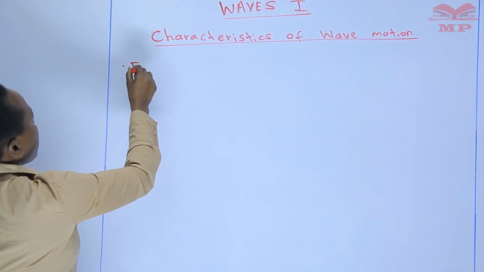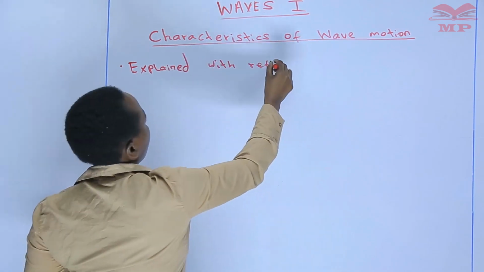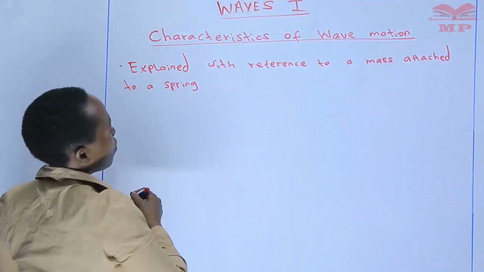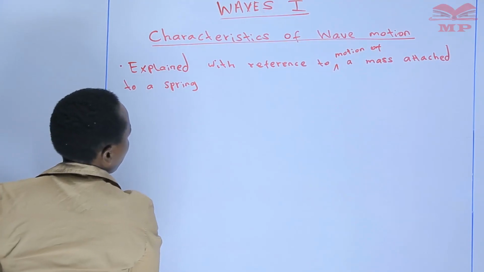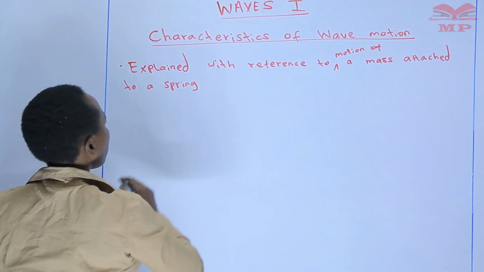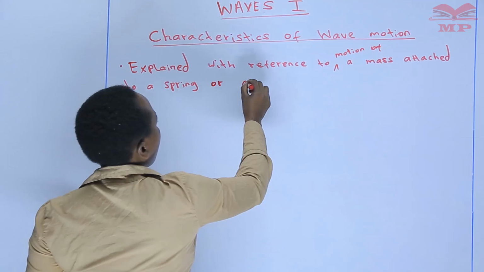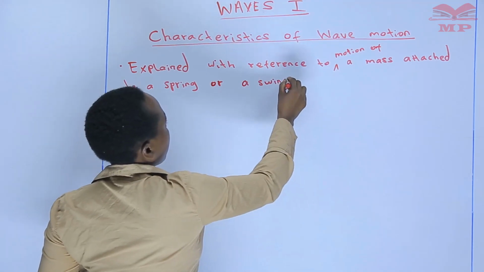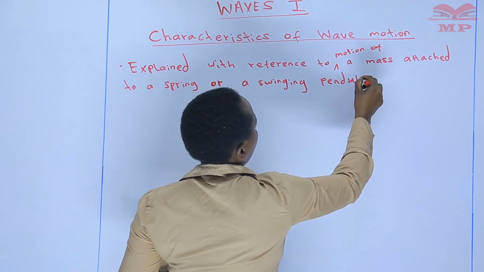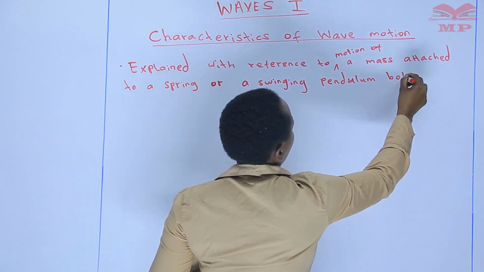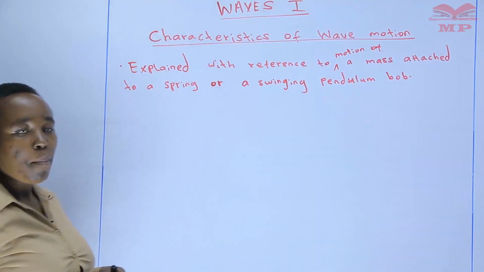Explained with reference to the motion of a mass attached to a spring or a swinging pendulum bob.